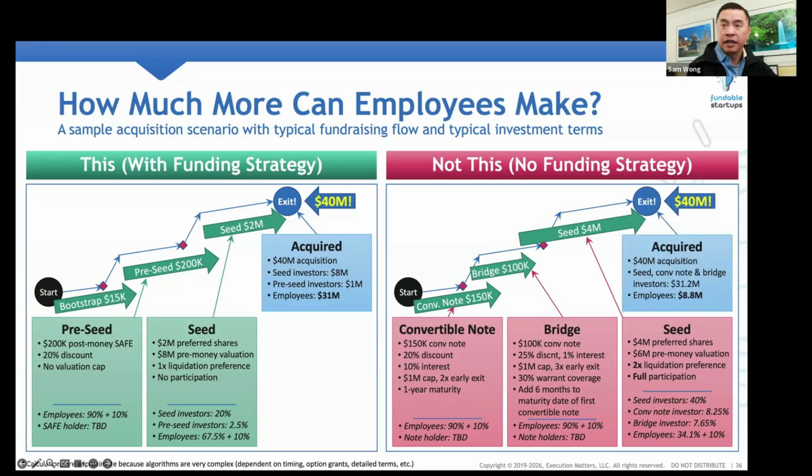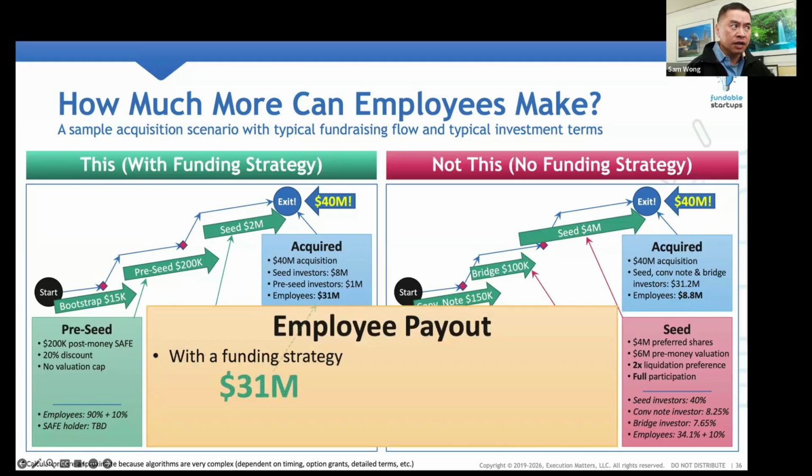And if that company gets the exact same $40 million acquisition offer, they will actually walk away with a lot less money. Well, how much less? On the left side, raising funds strategically with a funding strategy, in this scenario, the employees and founders keep 31 million of the $40 million acquisition.